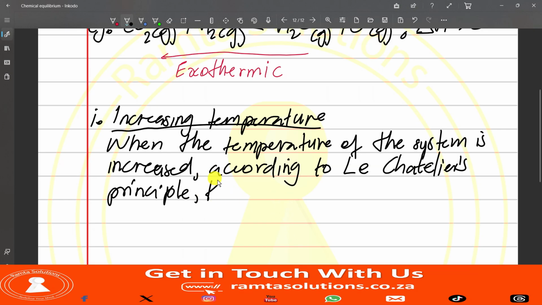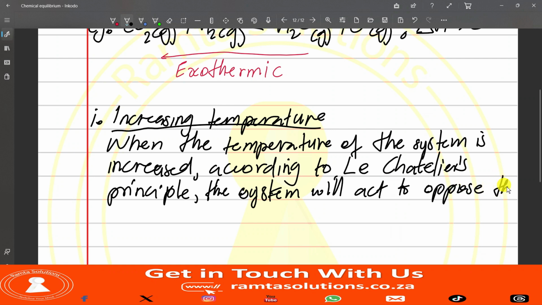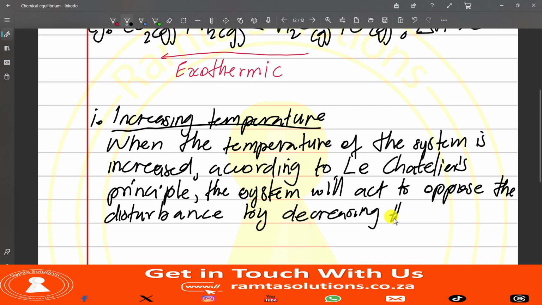The system will act to oppose the disturbance, right? The system will act to oppose the disturbance, all right, by decreasing the temperature, isn't it? By decreasing the temperature.